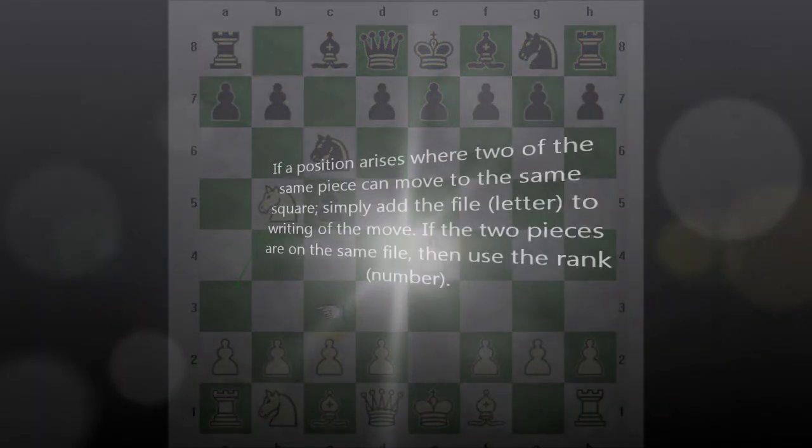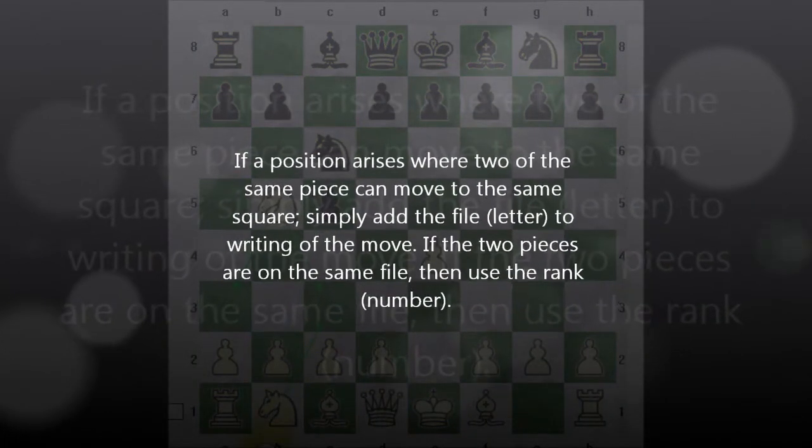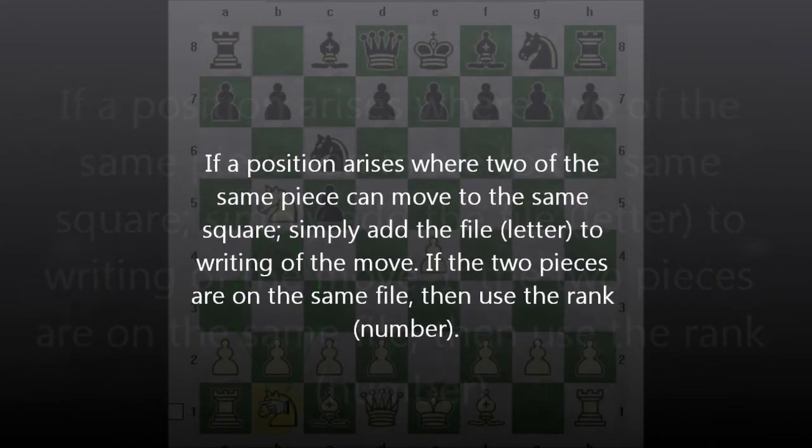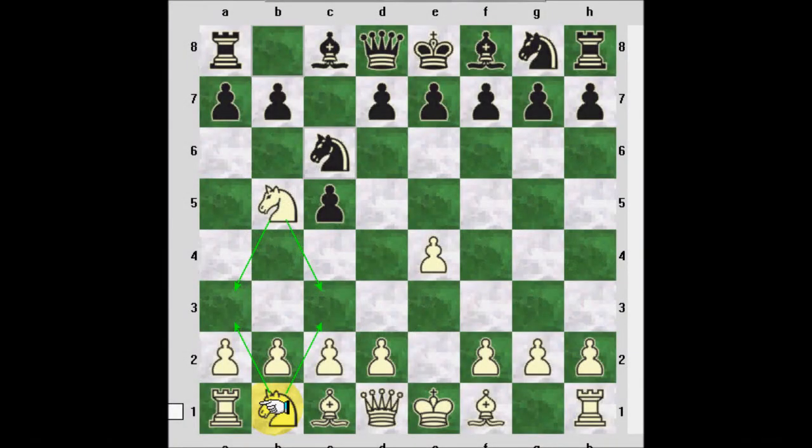Knight c3 doesn't really cut it because there are two knights that can go there. But we can't say knight b to c3 either, because both knights are on the b file. So it's a pretty simple solution. I'm sure you figured it out. If I move my knight on b5 to c3, I just put knight 5 to c3. If I move my knight on b1 to c3, I put knight 1 to c3. Not at all a difficult concept.